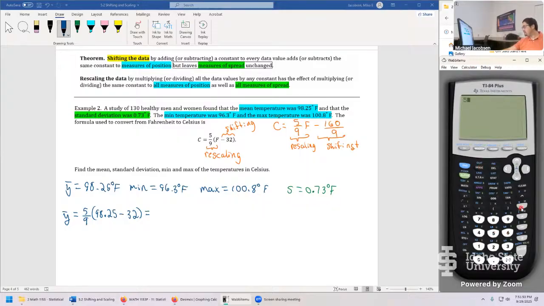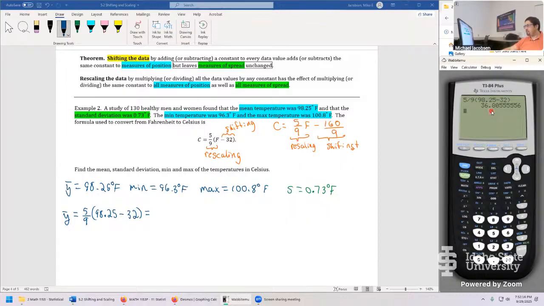Go 5/9. If you're typing this left to right as you see it on paper, you can just go parenthesis right here, and the calculator would use the order of operations correctly, the way we've stated it. 98.25 minus 32. And that's our new measurement in Celsius.